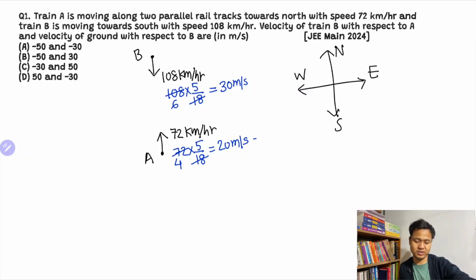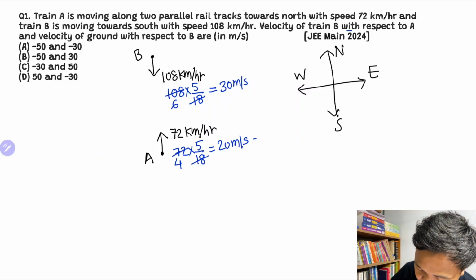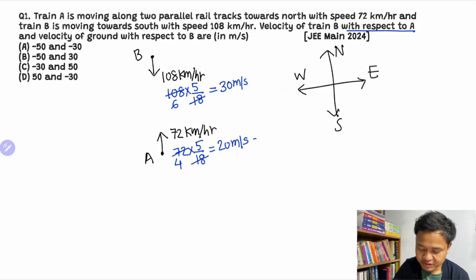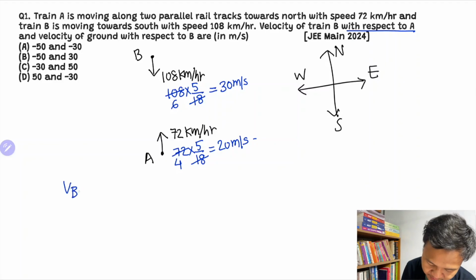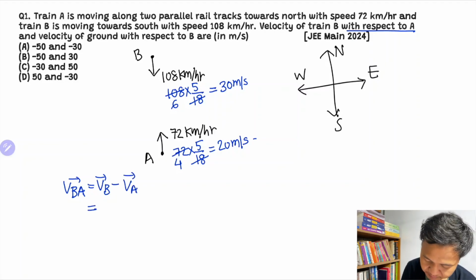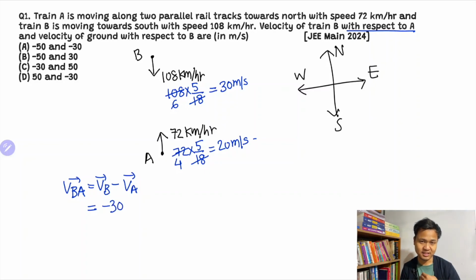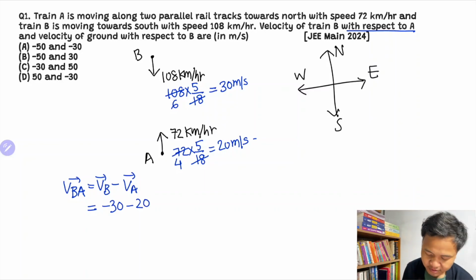A is moving towards B and B is towards A, so they are approaching each other. First question: velocity of B with respect to A. This is velocity of B minus velocity of A, so minus 30 minus 20, which is minus 50.